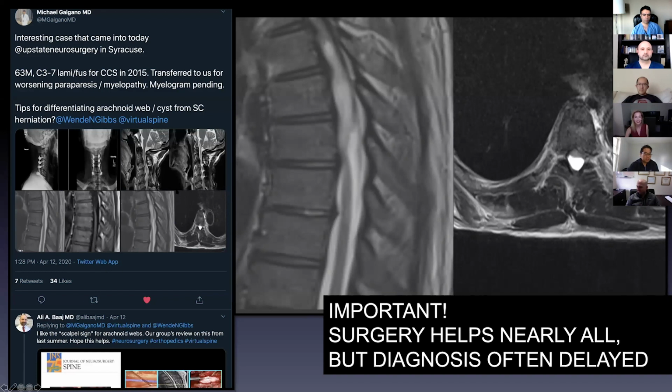Hosts, true? Almost all of them can be helped by surgery. The problem is diagnosis is often delayed. The symptoms are usually gradual in onset, very nonspecific, and people, because this is rare, don't know to look for it. So this inspired the very loose theme for my cases today.